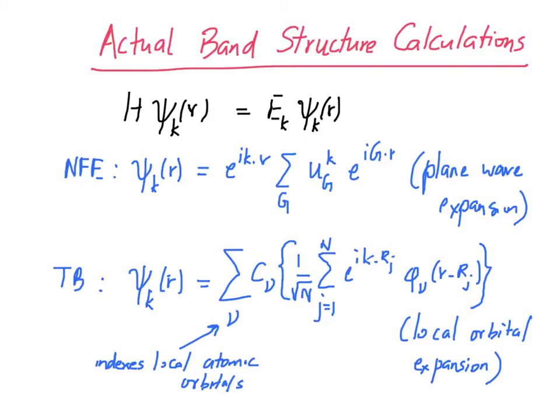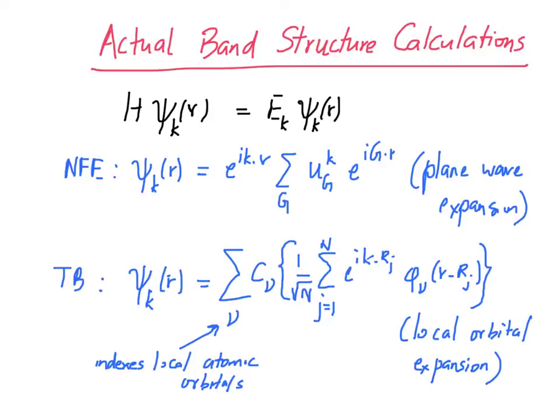Nu is really an index that keeps track of the local orbitals such as the 1s, 2s, 2p, 3s, and so forth. And the term within the curly brackets is constructed so that it automatically satisfies Bloch's theorem, although it's not entirely obvious if you just look at it in this manner. But we proved that the term within these curly brackets satisfies Bloch's theorem in the previous lecture on the tight binding method.